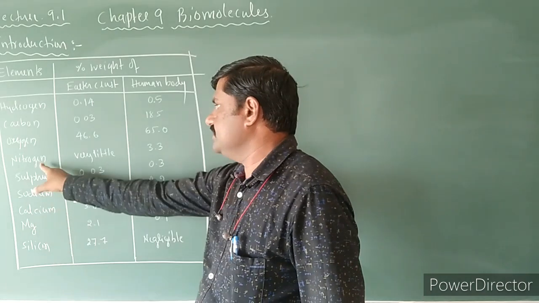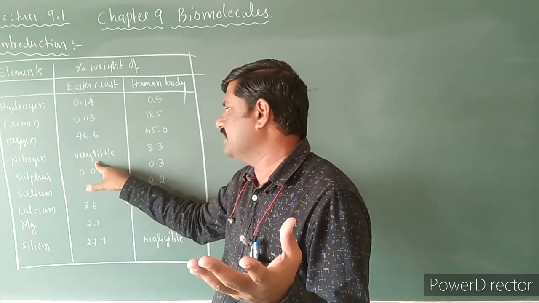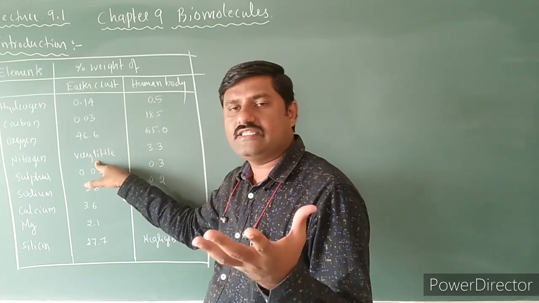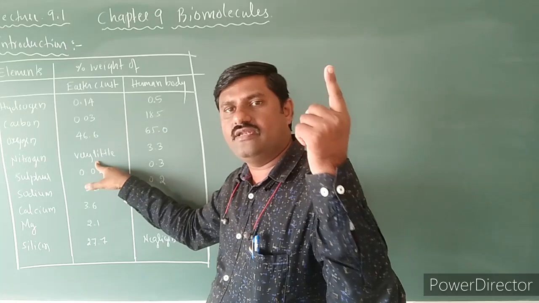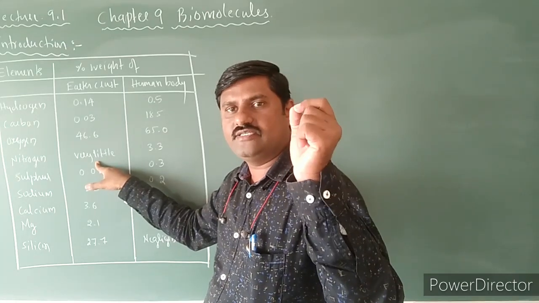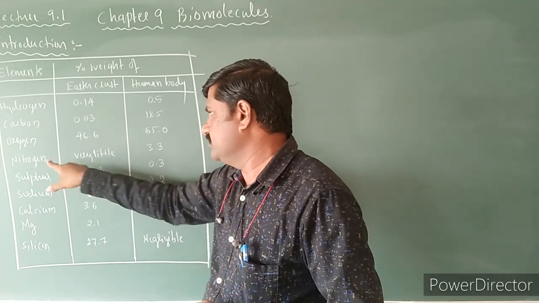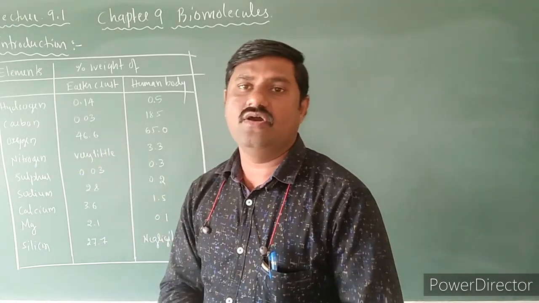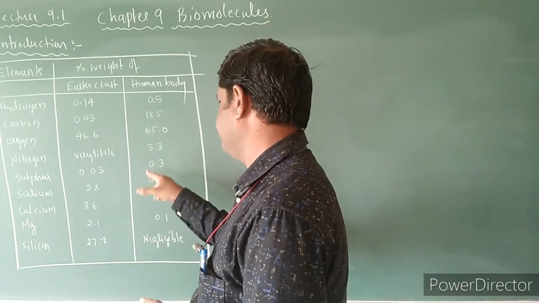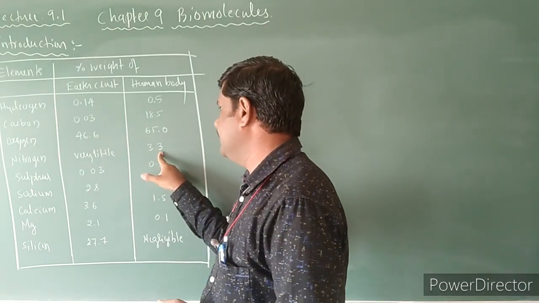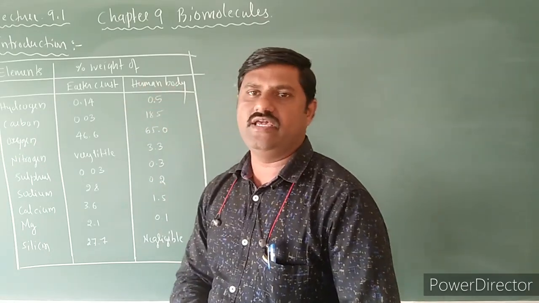Next one, nitrogen. It is very little or negligible in the earth crust, but in air it is at maximum. Right? So the maximum percentage of nitrogen is present in the air. And nitrogen is 3.3% in the human body.